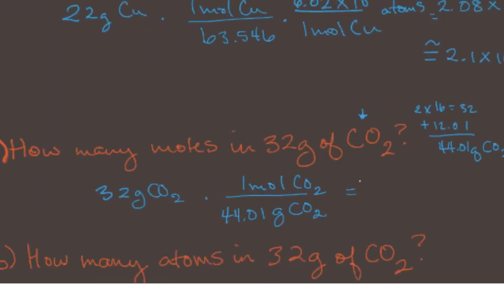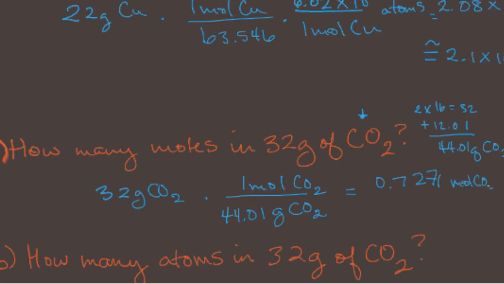So basically at this point all you do is you multiply, or in this case actually divide. So you bust out your handy dandy calculator, which I'm doing now, and you do 32 divided by 44.01, and you're going to get 0.7271 moles of CO2.